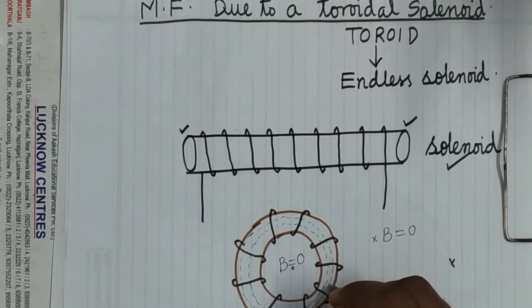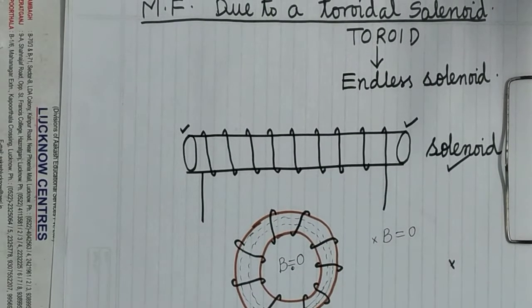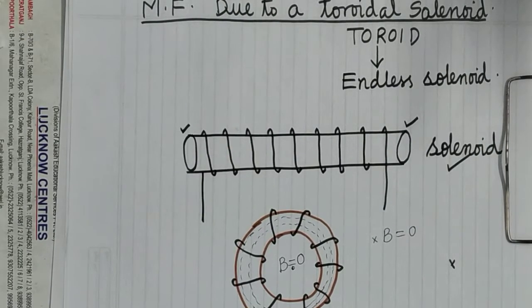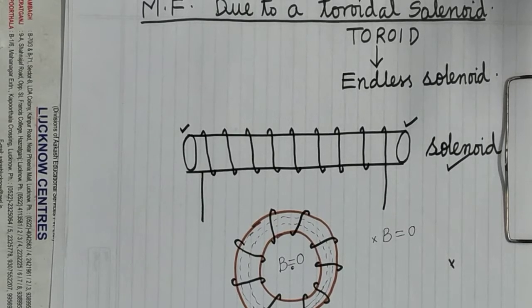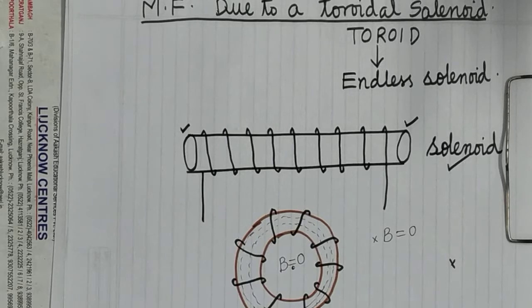So how will you make the toroidal solenoid? A toroidal solenoid can be made by bending a solenoid in the form of a circle and then joining its ends. Within the empty space enclosed by the toroidal solenoid, there will be no magnetic field.